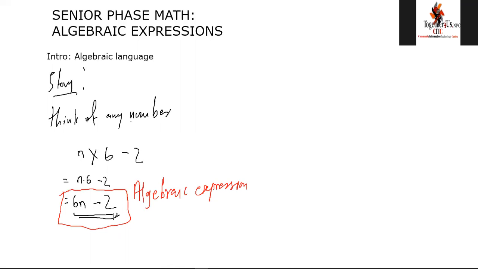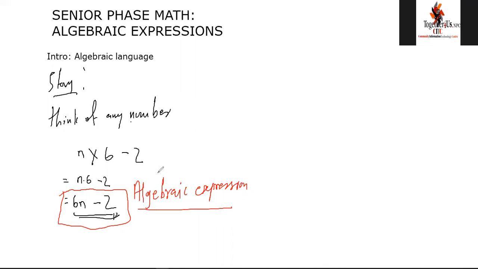Whenever you see an algebraic expression, understand that it is just a mathematical description of a sequence of operations that can be described in words.